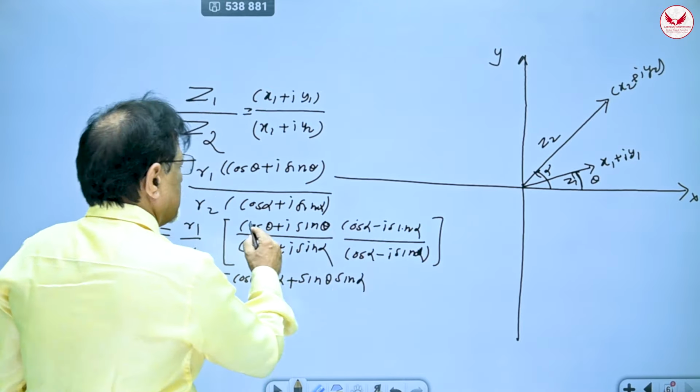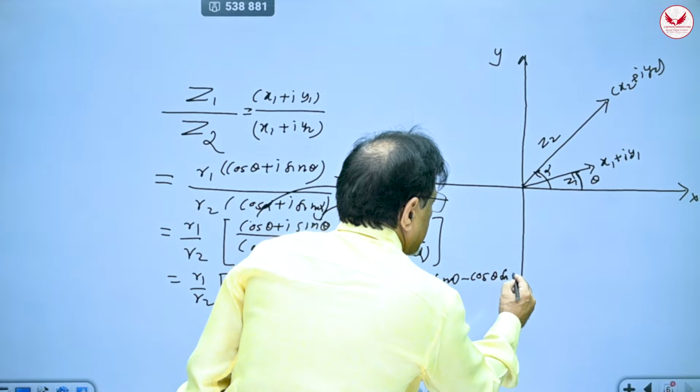Now I have to take the cross. So that means I'll have to take all the imaginary part, right? So the imaginary part will be i times sin theta cos alpha, or cos alpha sin theta, and cos theta sin alpha, but that will have a minus sign here. So minus cos theta sin alpha.